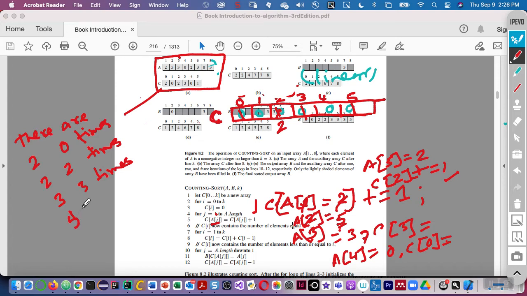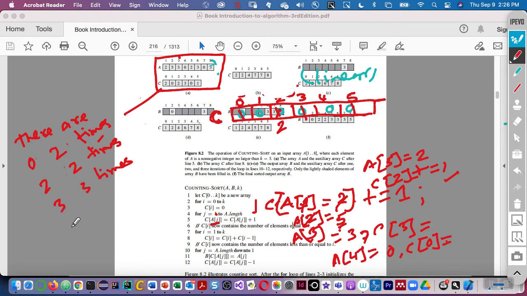I did a mistake. This one will come first. Let me write it down. It says 0, 2 times. 1, 0 times. 2, 2 times. 3, 3 times.